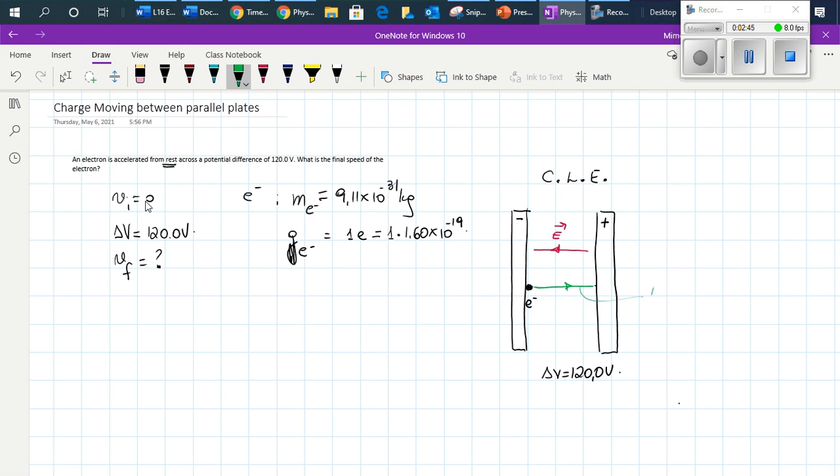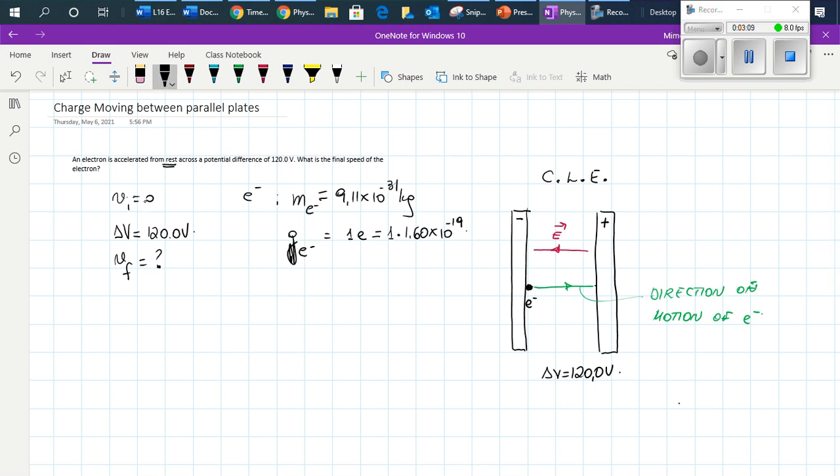So this will be the direction of motion of the electron. As you see here, those two lines are parallel to each other in the opposite direction, but it doesn't really matter. This is what I meant by collinear.